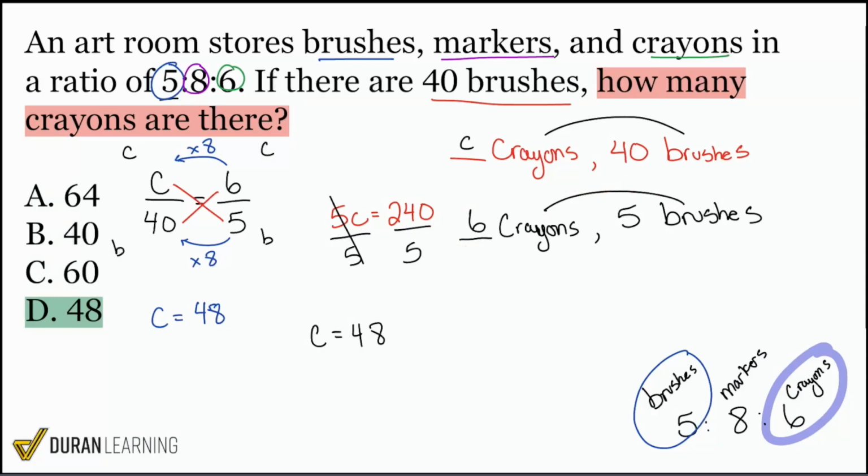I noticed that crayons was represented by 6 in the ratio and brushes were represented by 5, which meant that this 8 for markers was actually extra information. We didn't need to use it to solve the problem, and that's what made this a little easier than a true triple ratio total question. How do we feel about this one before we move on to the next one?